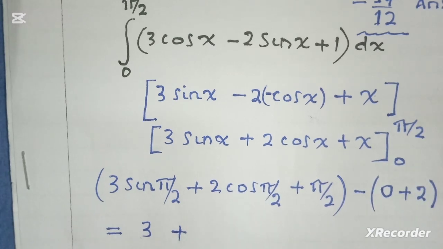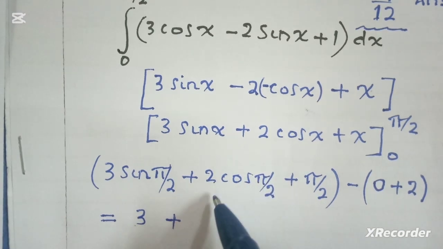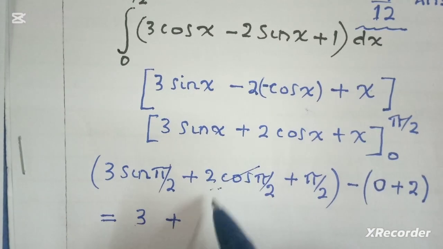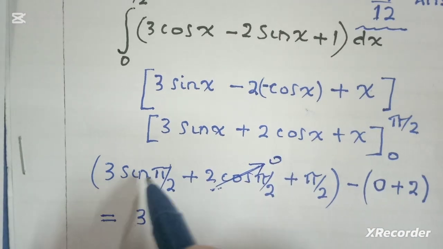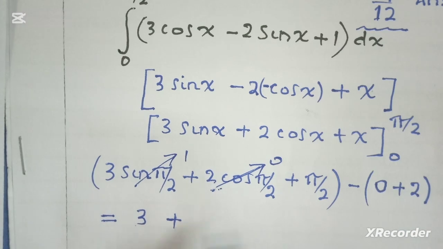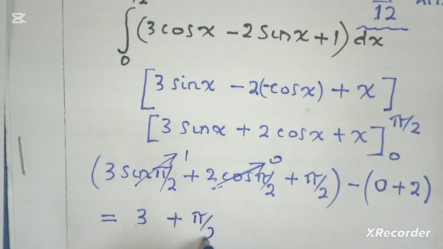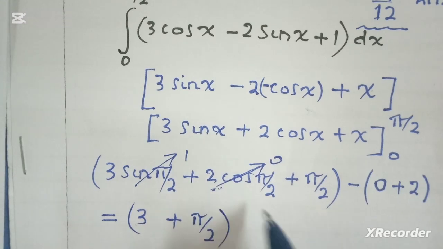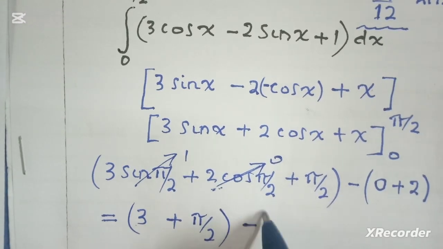For cos 90, that gives us 0. So this one will not be there, because that one is going to be 0. This one is going to be 1. So we shall have pi over 2 there, and then minus 2, like that.